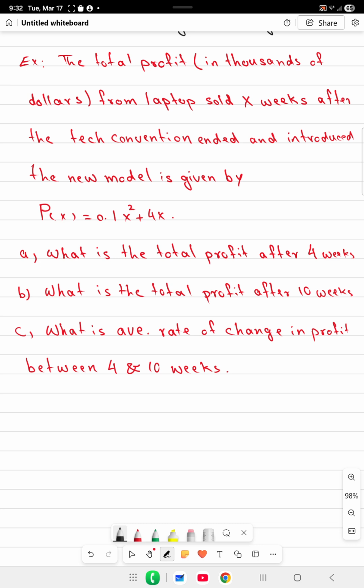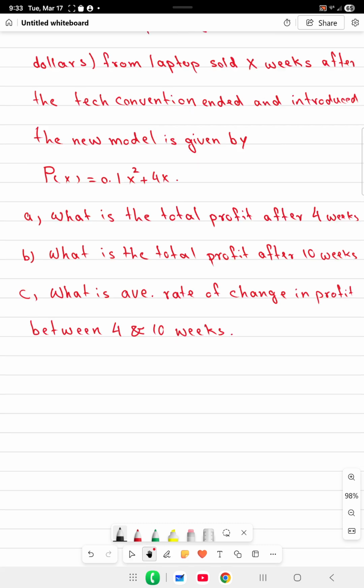Now, example number one: the total profit in thousands of dollars from laptops sold x weeks after the tech convention ended and introduced the new model is given by P of x equals 0.1 x squared plus 4x. Part A. What is the total profit after 4 weeks?